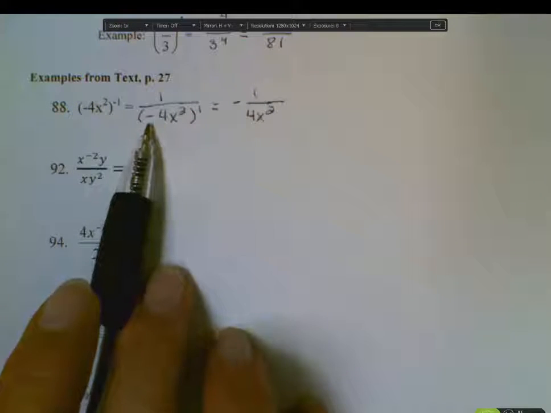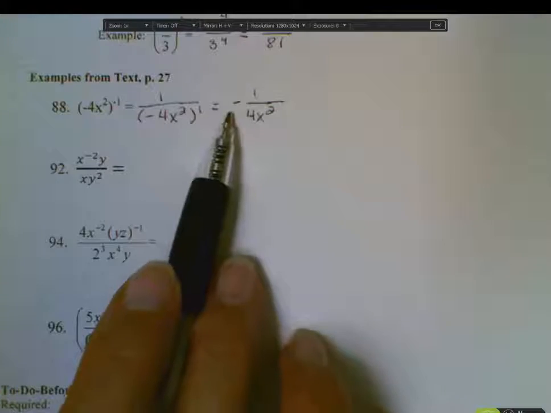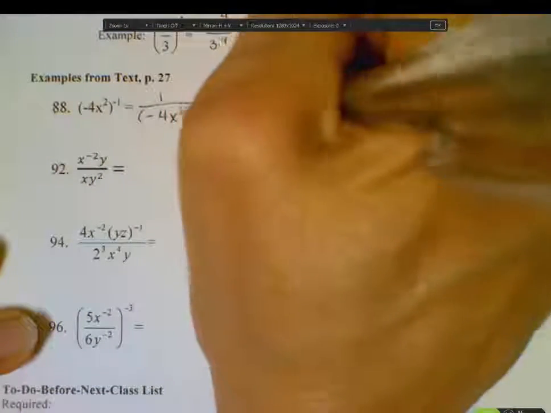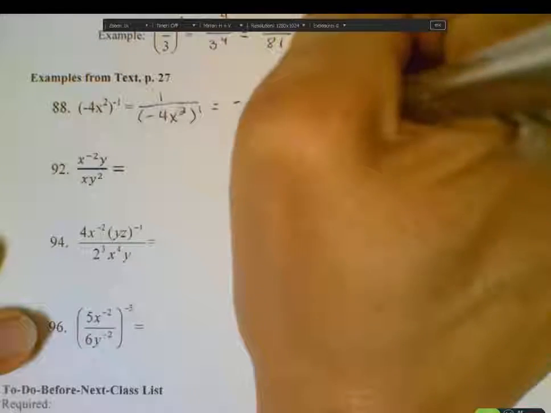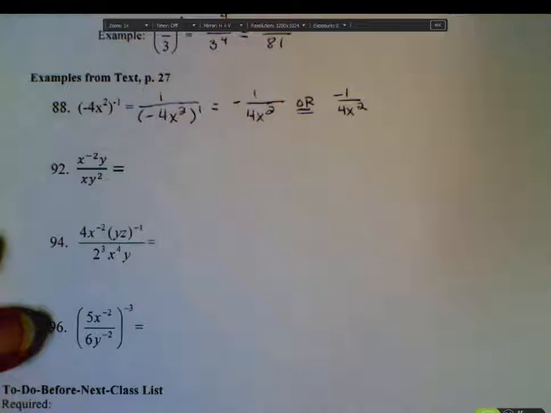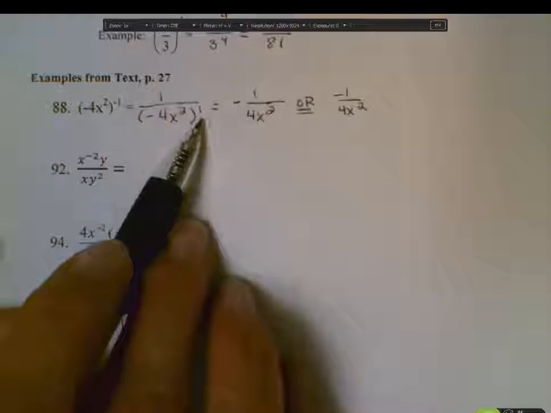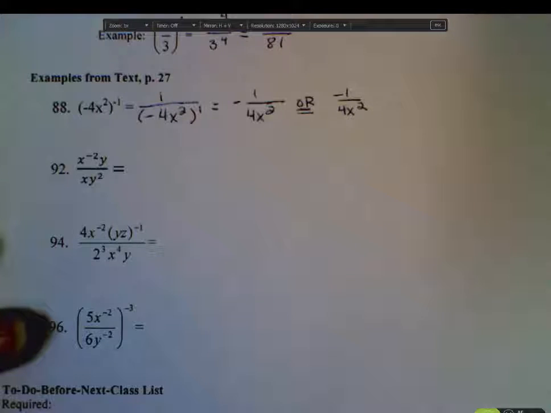So the answer in the back of the book would either have that negative out front or you could write it in the numerator. Either of those two things are the same. But that was just using the definition of a negative exponent. Take the reciprocal of the base, and that makes the exponent positive.